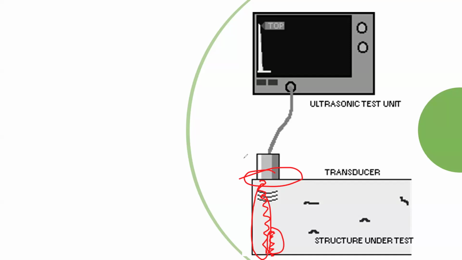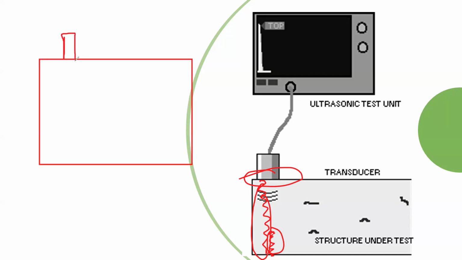But if you use a smaller pulse duration, say we produce a pulse here. For example, this is representing a pulse. So we produce a pulse. This pulse is going, hits, comes back. But if you use a longer pulse, then what will happen? When you use a longer pulse, still you're producing a pulse and the pulse bounces back.